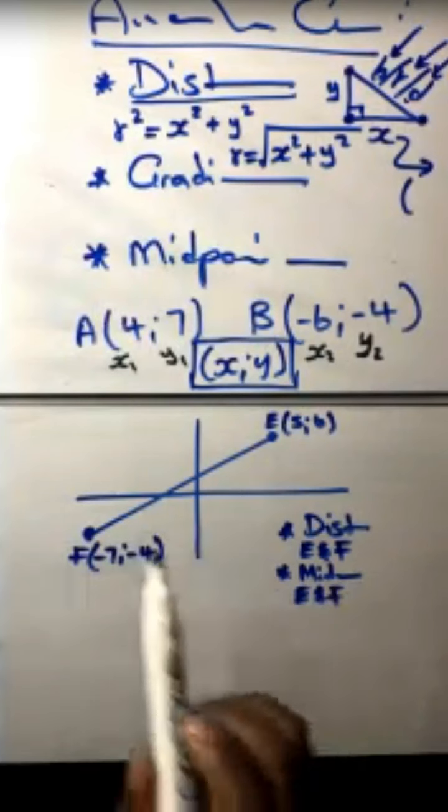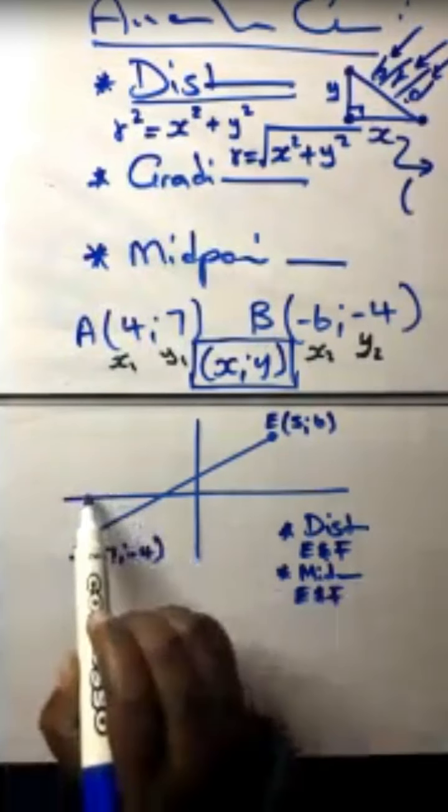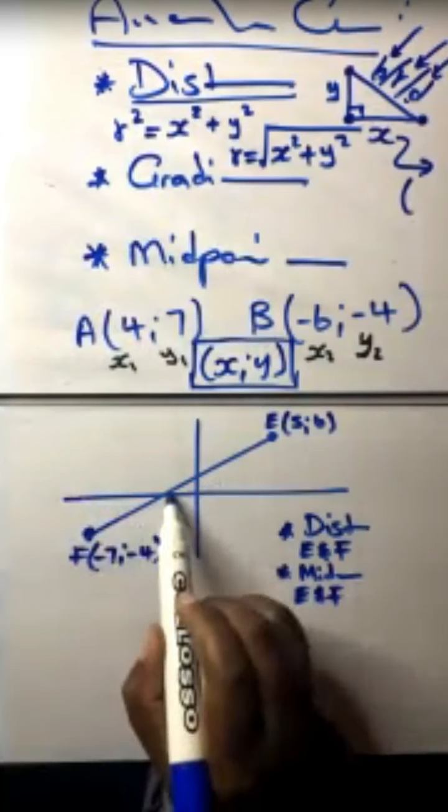Is there someone who wants to guess what could be the number closer to the midpoint?